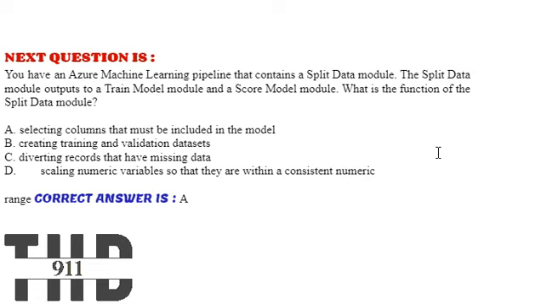Option B, creating training and validation data sets. Option C, diverting records that have missing data. Option D, scaling numeric variables so that they are within a consistent numeric range. The correct answer is option A.